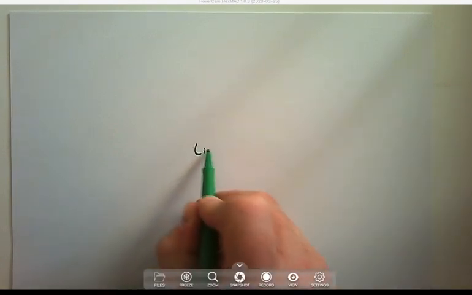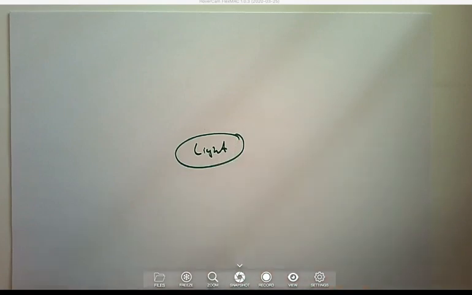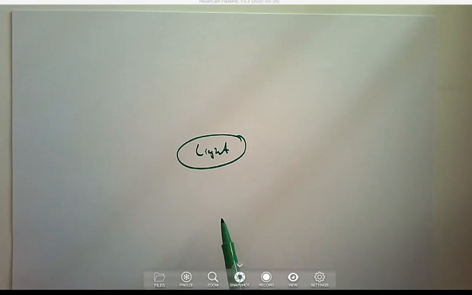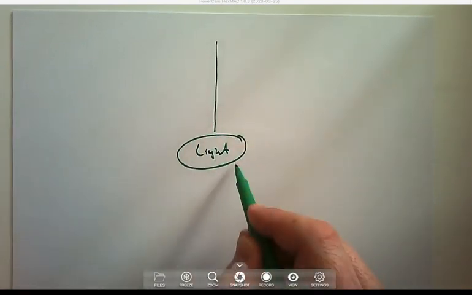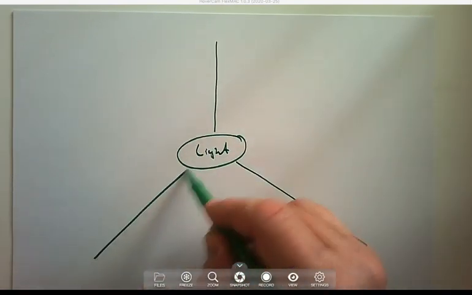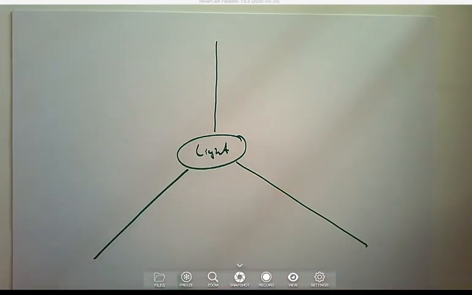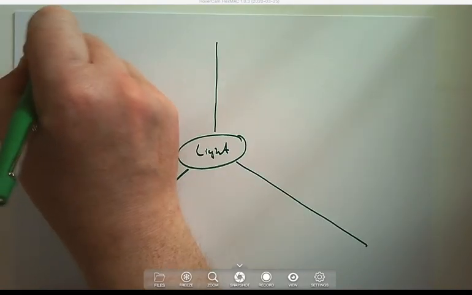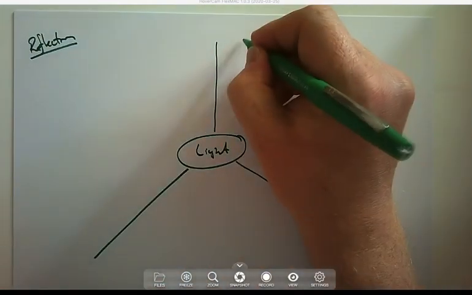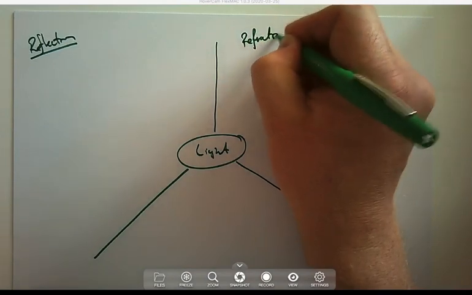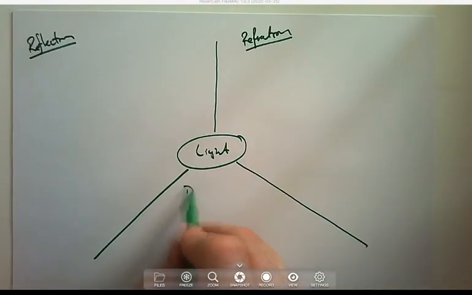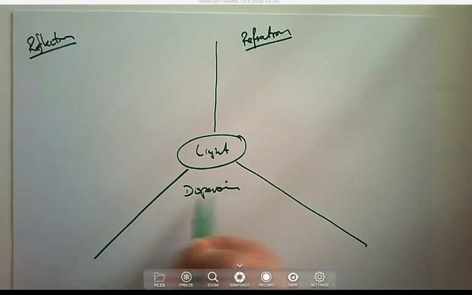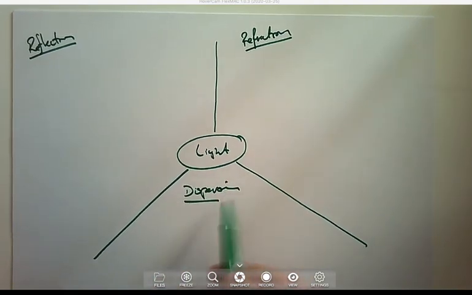So, the topic is going to be light in the centre, and I'd like you to segment your page into three like this, where I want you to put reflection, refraction, and dispersion in the three quadrants.